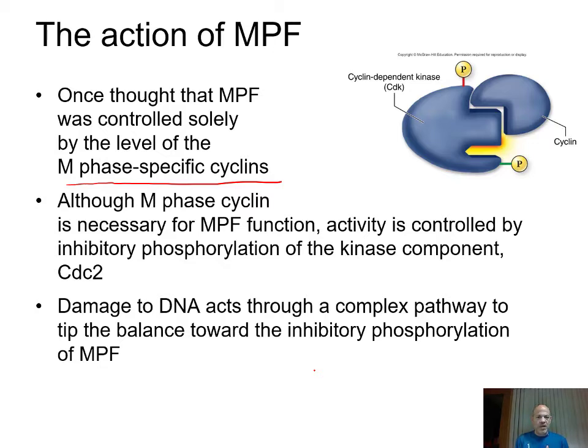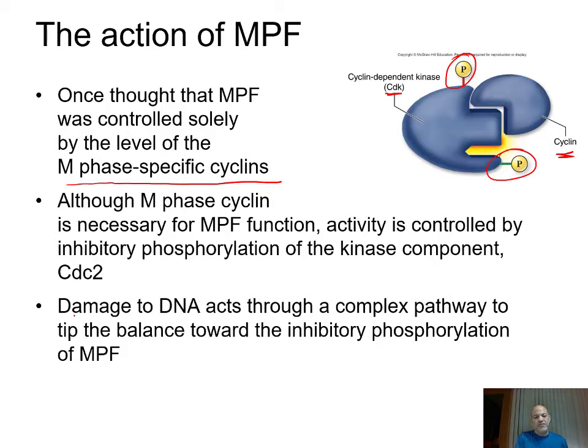Okay, so it turns out that it's not just that the M phase cyclin is present, right? It's not that this molecule is present, and it's not that it's present and bound to your cyclin-dependent kinase. It also depends on where that kinase is phosphorylated, and where the kinase is phosphorylated depends on whether or not the DNA was copied correctly, right?